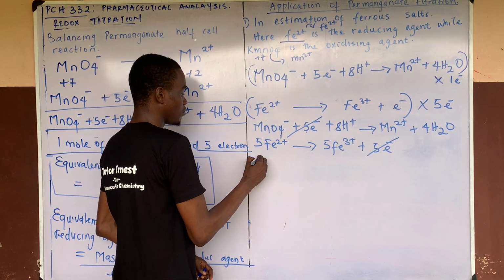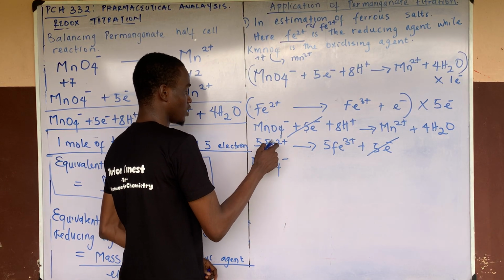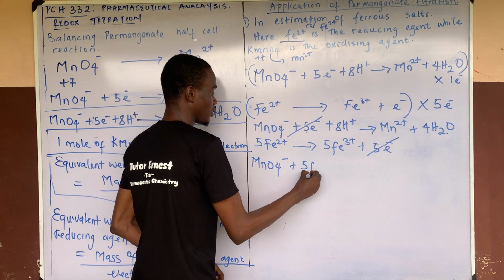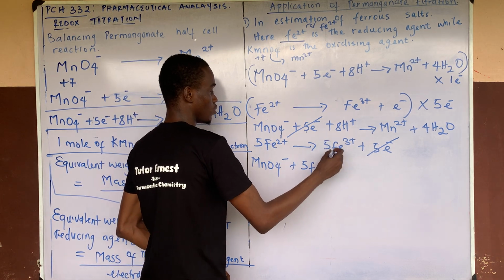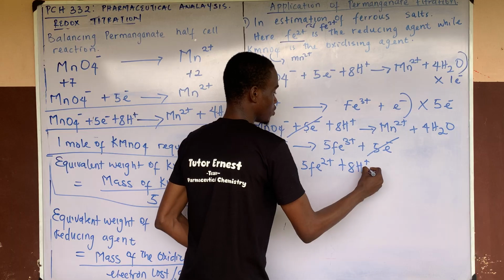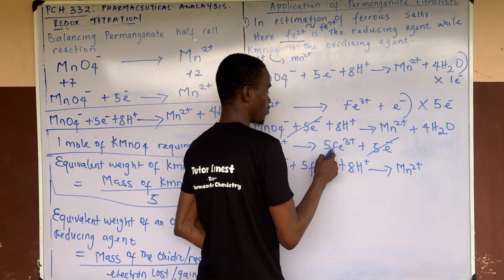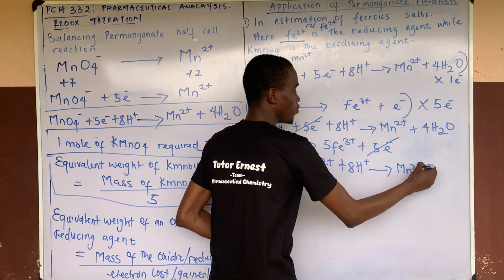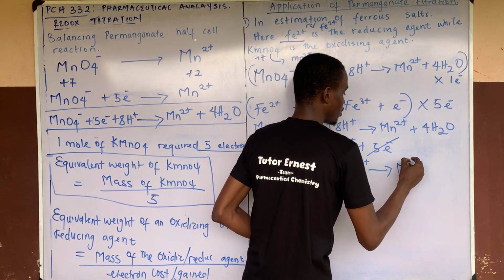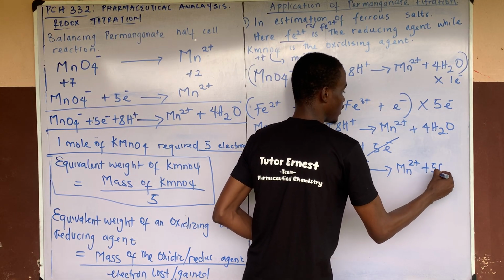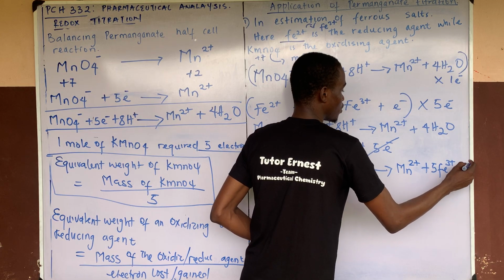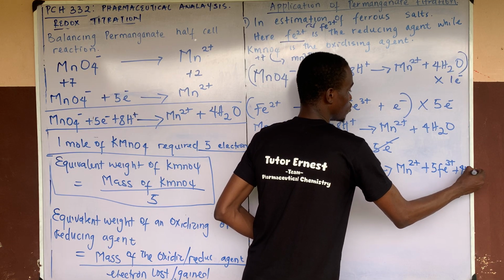That's MnO4- reacting with 5Fe2+ and 8H+ to give Mn2+ reacting with the product side, plus 5Fe3+ plus 4H2O.